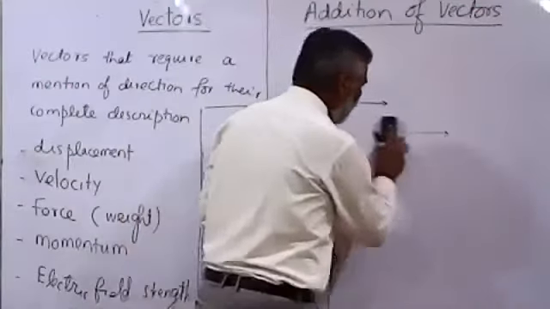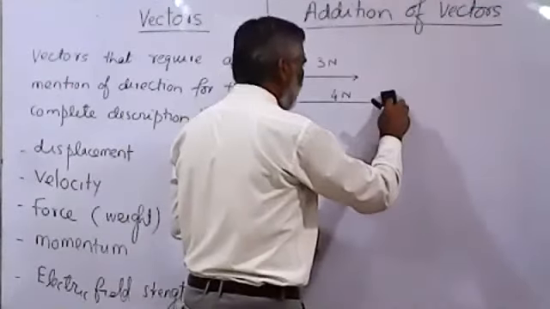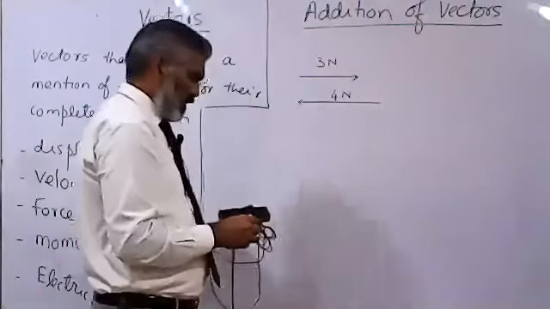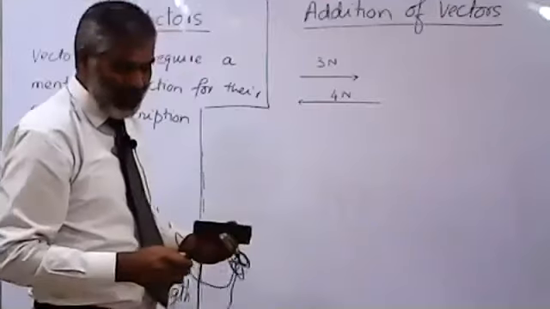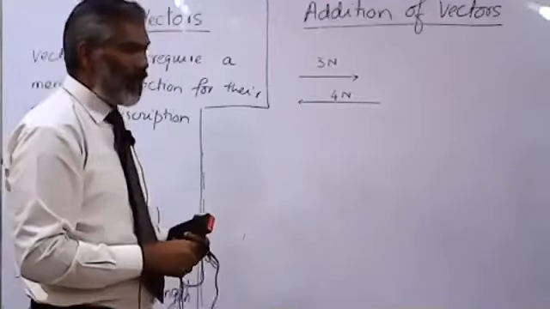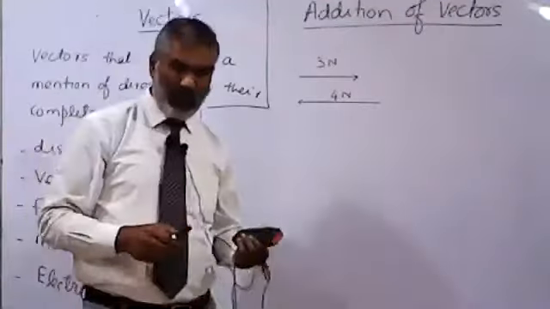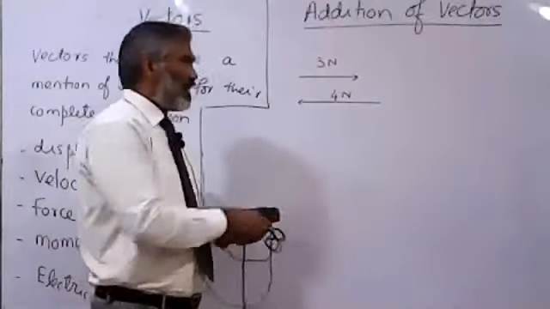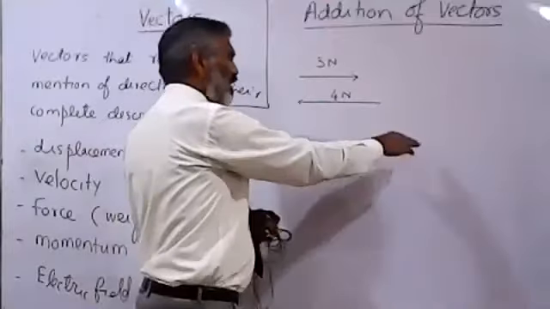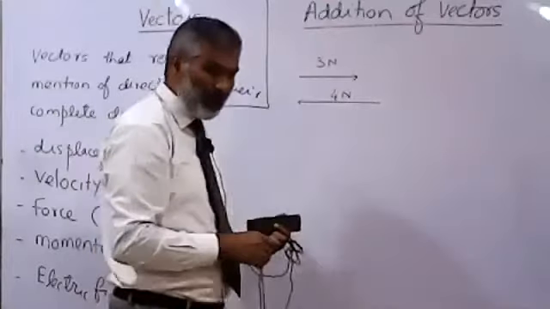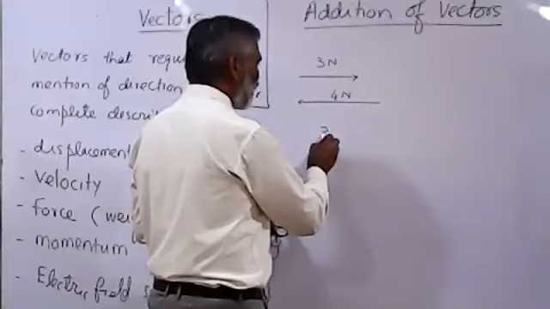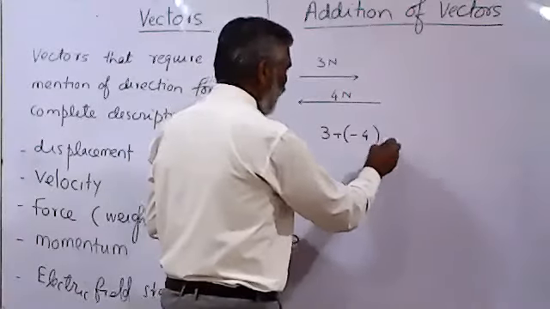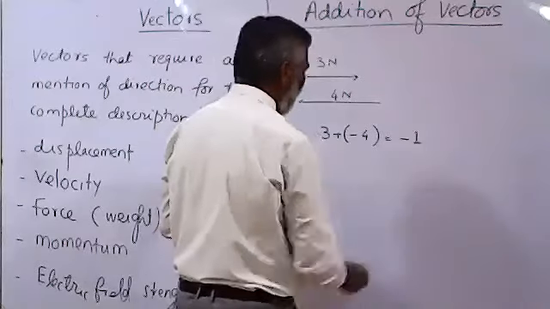But if I change the direction of one of these two, now they are still treated as numbers, but we add them algebraically. By adding algebraically, I mean we need to consider their signs. If this is positive, this is negative. So their signs are important now. So I will add 3 to minus 4. So I will have minus 1 in the answer.